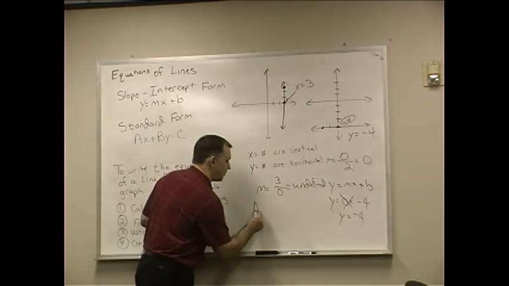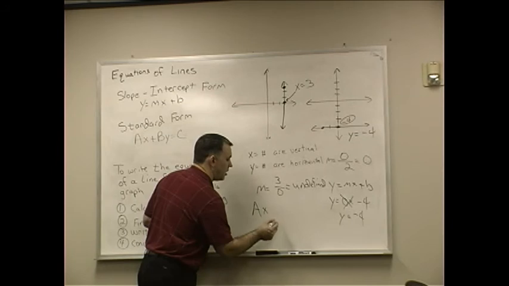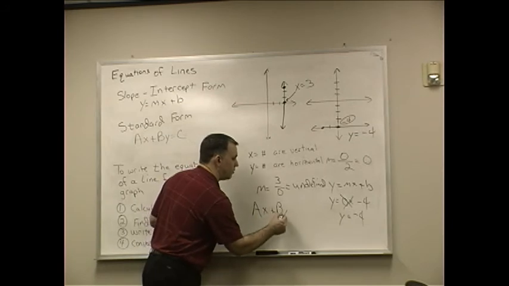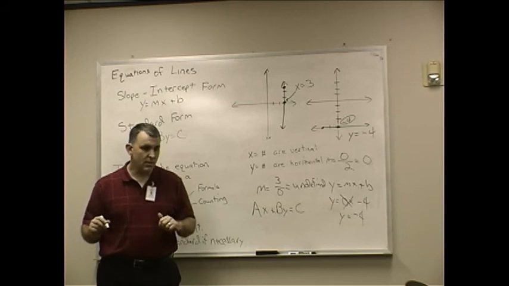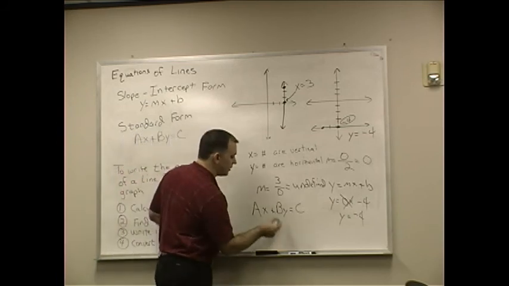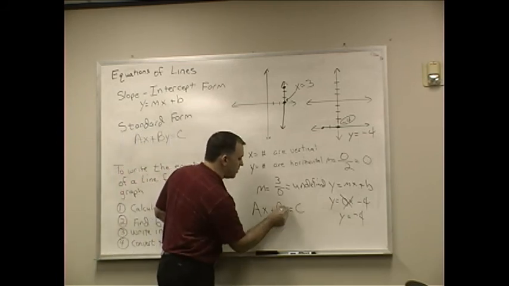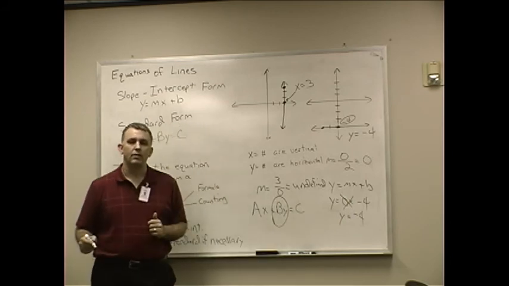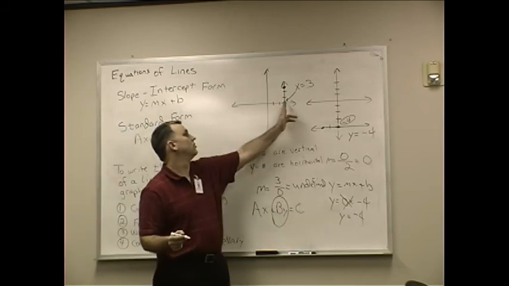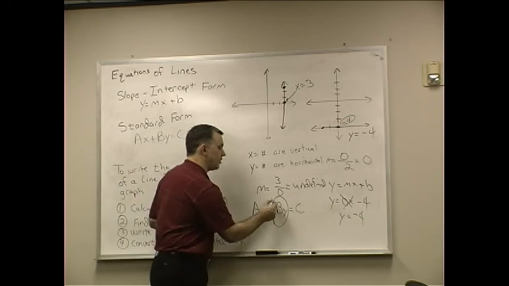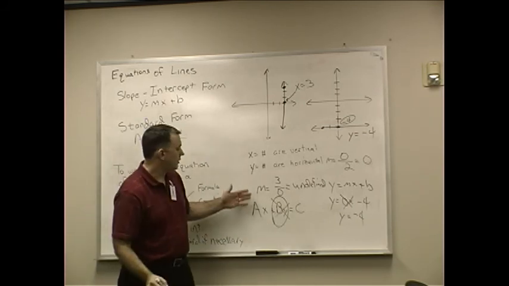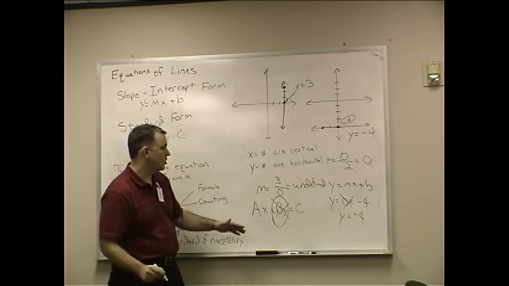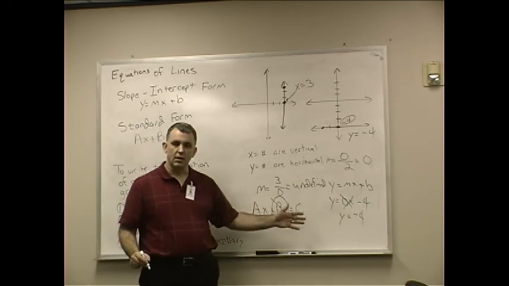We actually would have to use standard form, ax plus by equals c. But in essence, the b value ends up being undefined due to this, and it ends up disappearing, leaving us ax equals c.